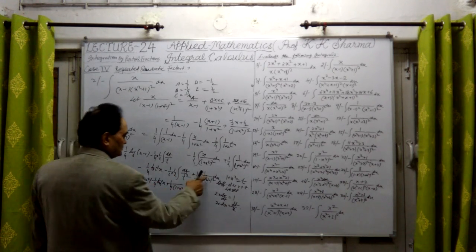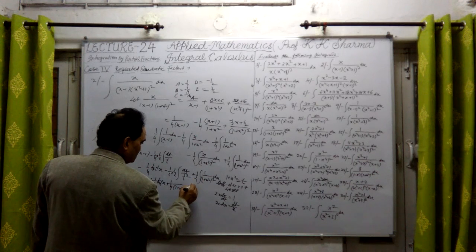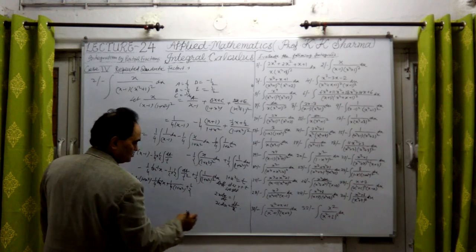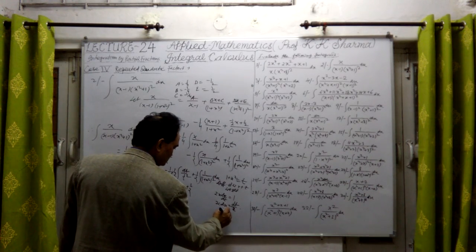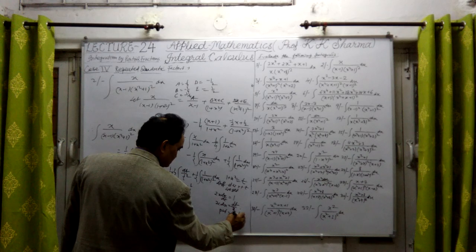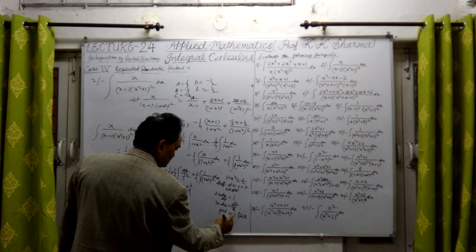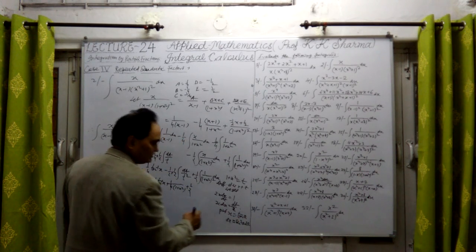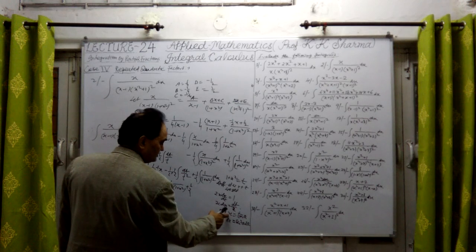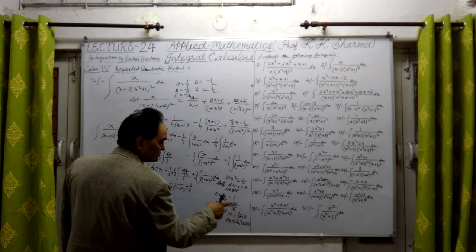Now the last one, this part. In this, again we have to assume, let x equal to, or put x equal to tan theta, so dx equal to sec square theta into d theta. If we differentiate with respect to theta, dx upon d theta equal to sec square theta.